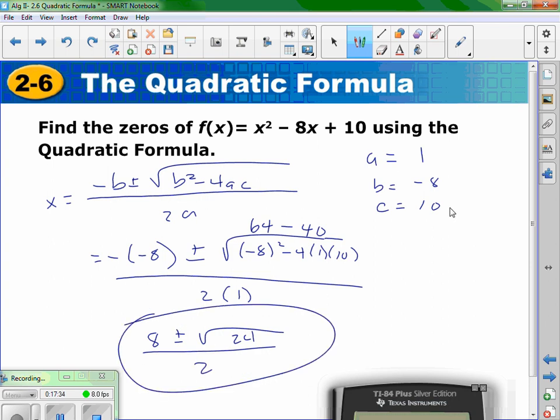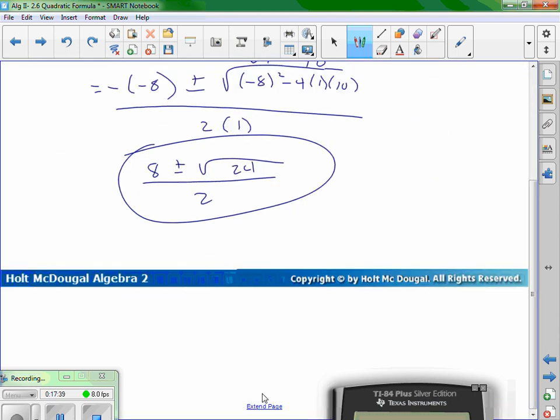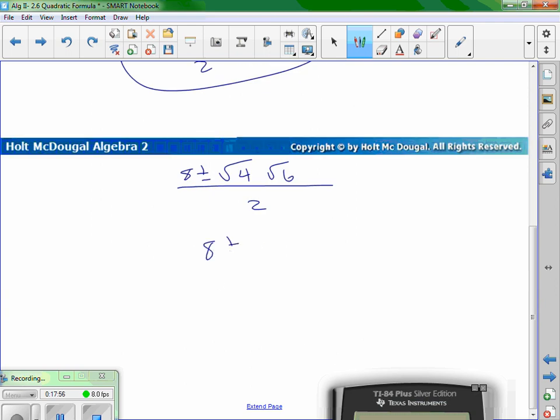Now to try to simplify this. Any special number going to 24? 4. 8 plus or minus square root of 4 times the square root of 6 all over 2. What's the square root of 4? 8 plus or minus 2 square root of 6 over 2.